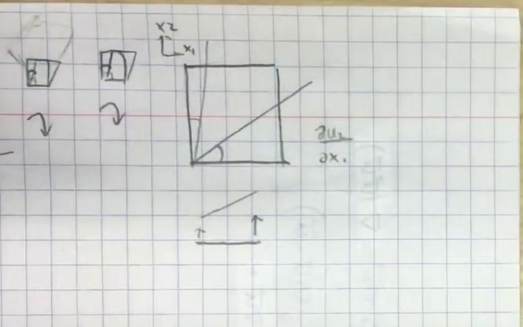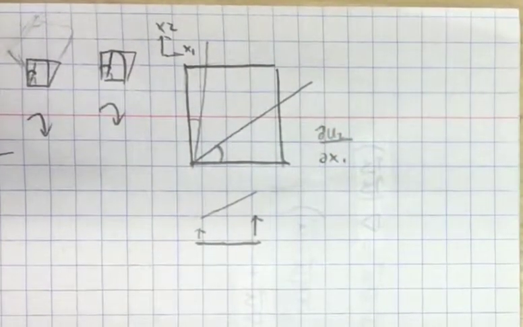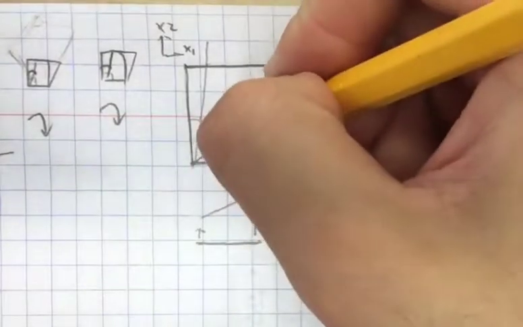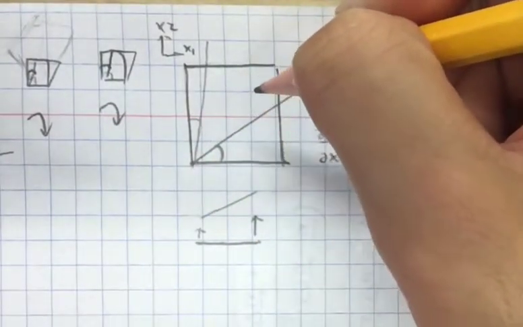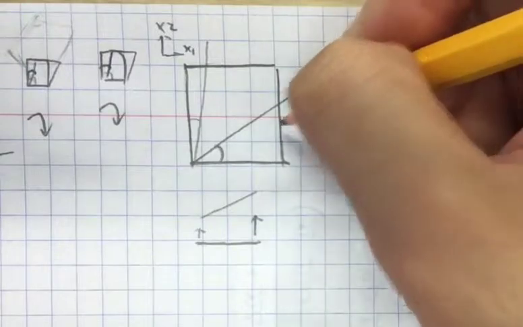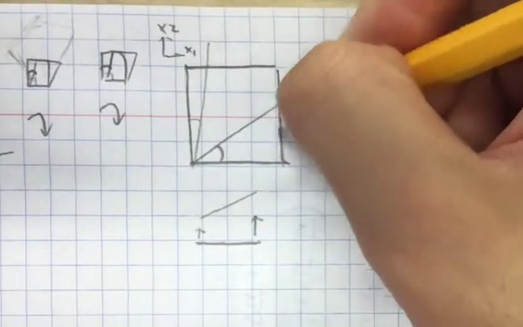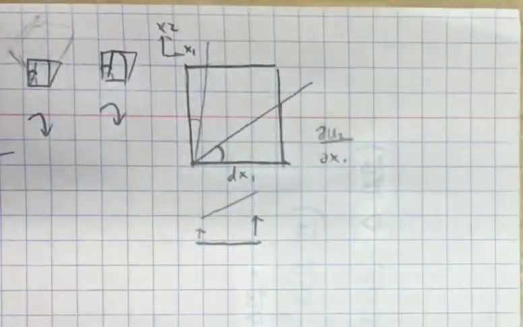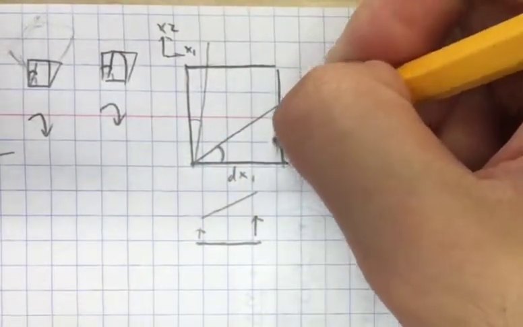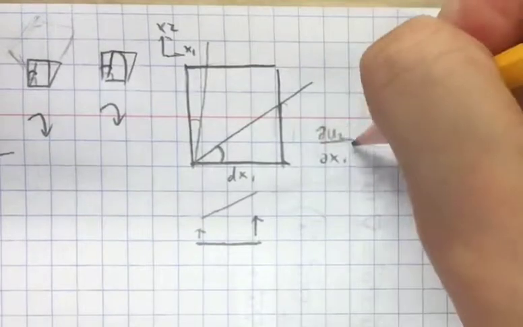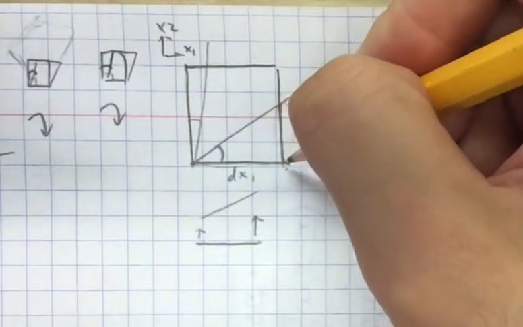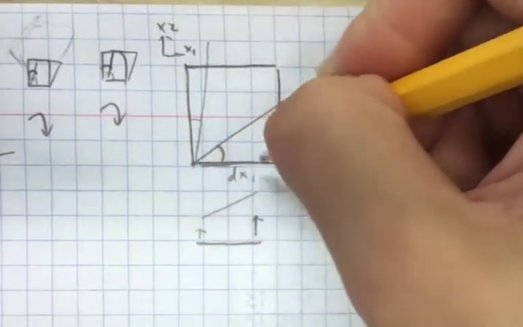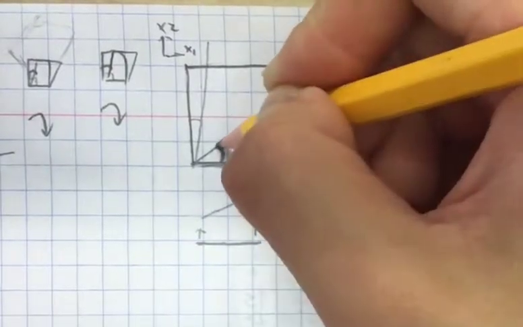In the x1 direction. Well, to be more exact, to find this angle, we need to calculate the length of this, which will be this times this, right? This dimension is dx1. So this length will be this times dx1. And we also need to divide by dx1 to get the tangent of this angle.